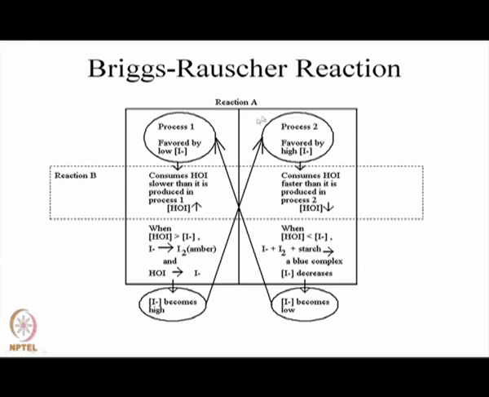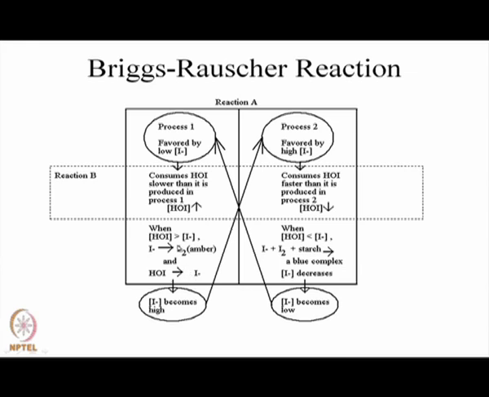When I minus is low, it consumes HOI slower than it is produced. So, HOI is built up. When HOI is greater than I minus, because you see low I minus, then I2 is produced, that is amber colored, and HOI goes to I minus.